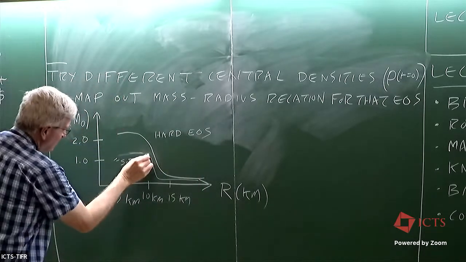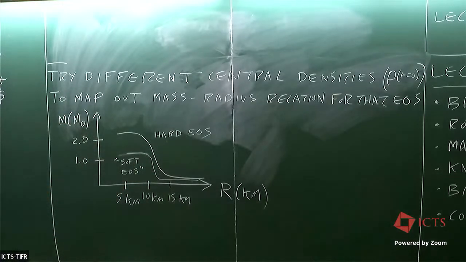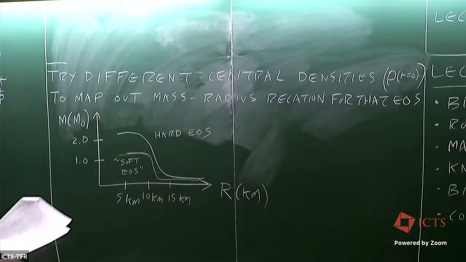And I didn't draw this very accurately, but these curves stop when they start to turn over, because that's the point of instability. You've reached a point where if you add more mass, the star actually shrinks, and that's a runaway process, so that you end up with a black hole.